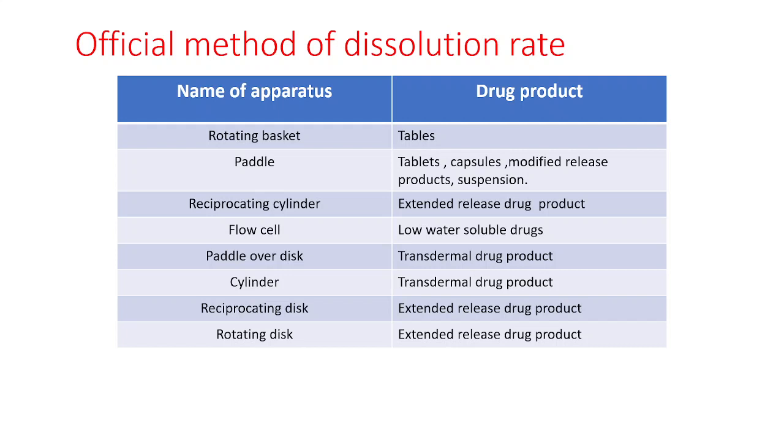For transdermal drug products we have the apparatus called paddle over disc, and the cylinder apparatus is also used for transdermal drug products. A reciprocating disc is used for extended release drug products, and the same extended release drug products can be tested using the rotating disc method.